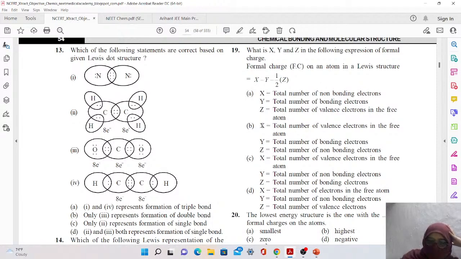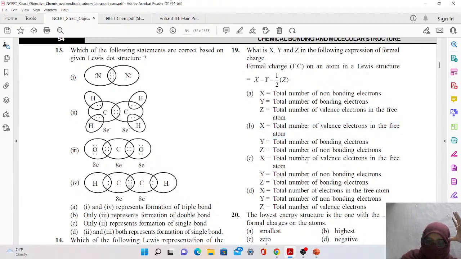Yes, x can be that. What is Y? We said Y is nothing but non-bonding electrons. Here they are telling that Y is the number of bonding electrons. No, that will not do. So B is not matching.